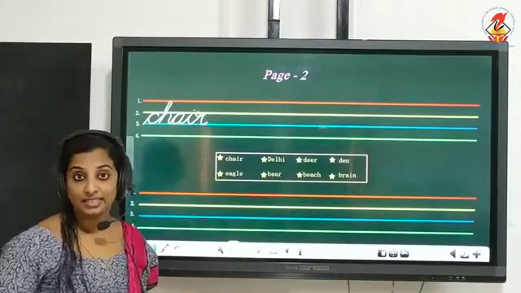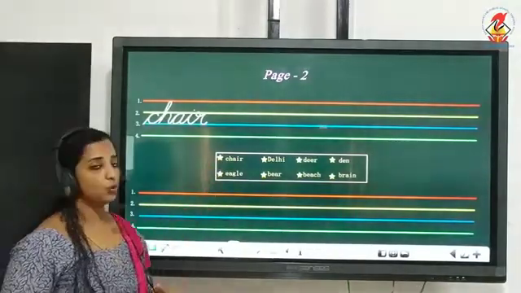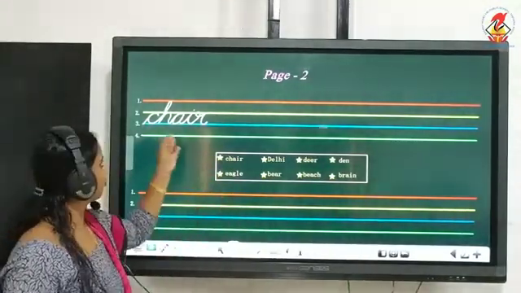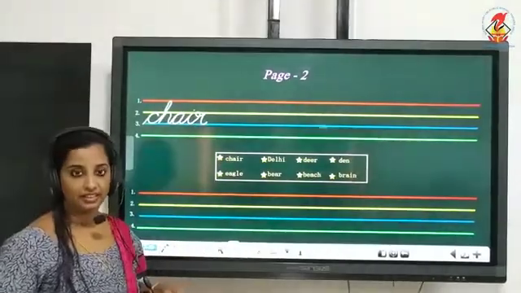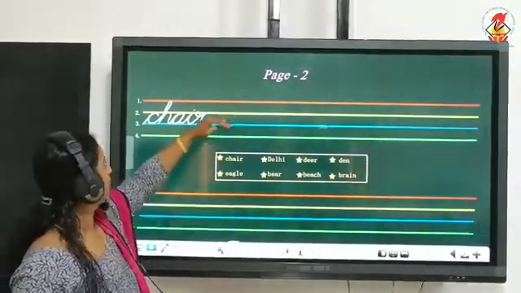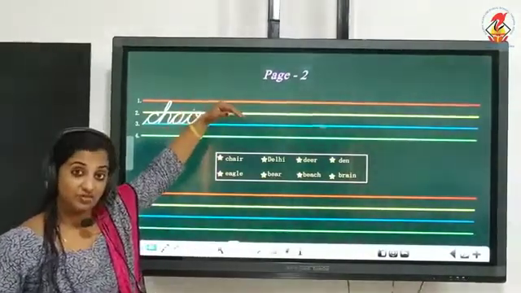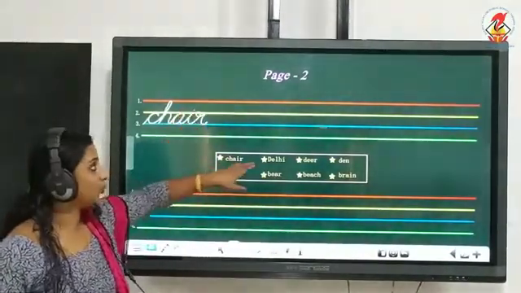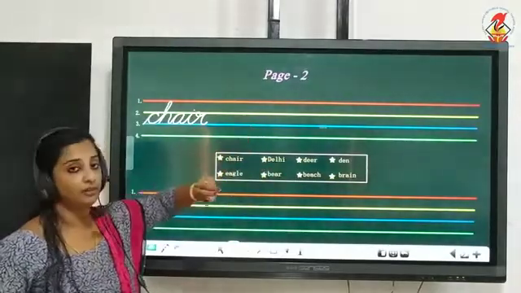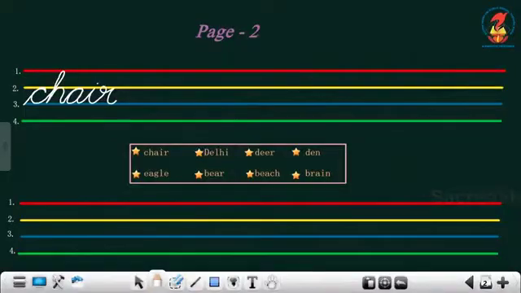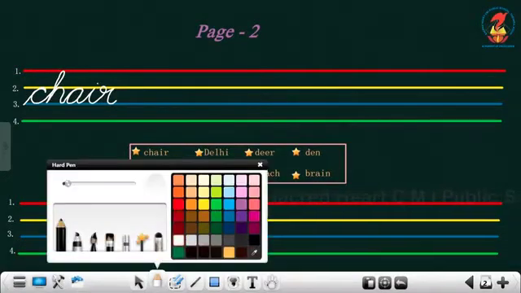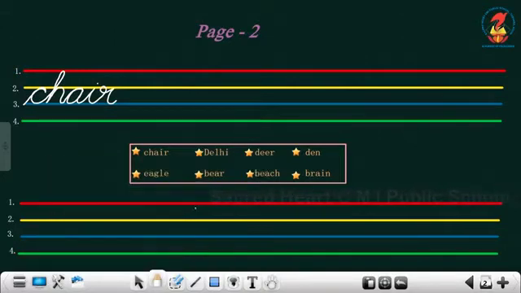Your second word is Delhi. D-E-L-H-I, Delhi. This particular word doesn't start from the 3rd line. It starts from the 1st line. It doesn't touch the 1st line. You have to begin the capital D from the down portion of the 1st line, that is from here. Can you see the dot where I've placed here? I'll show you a bigger version.